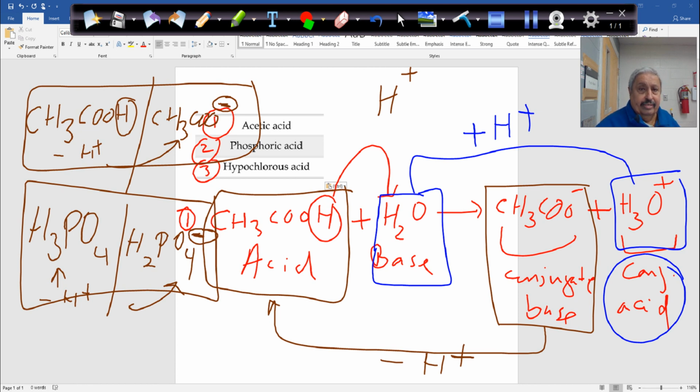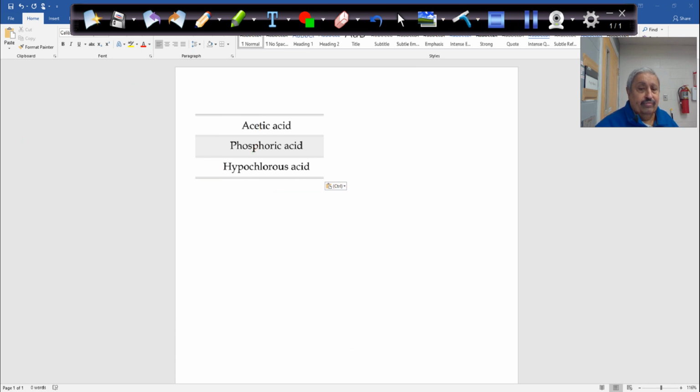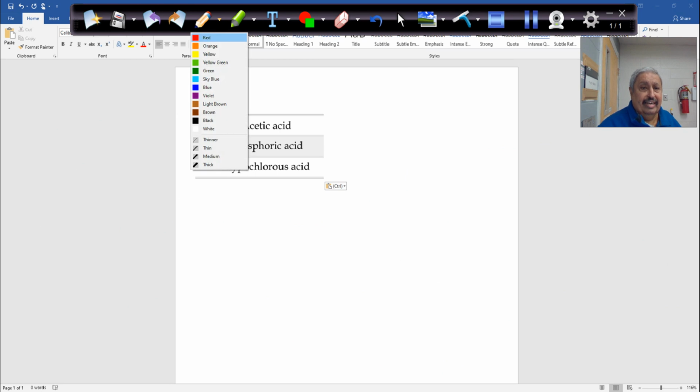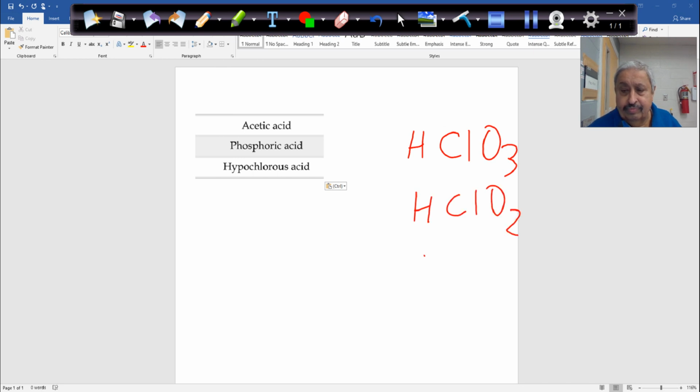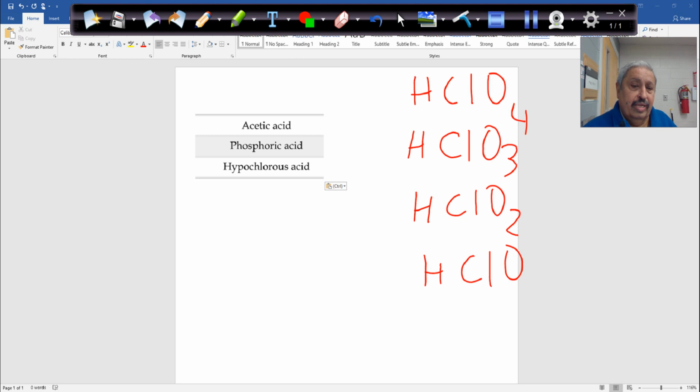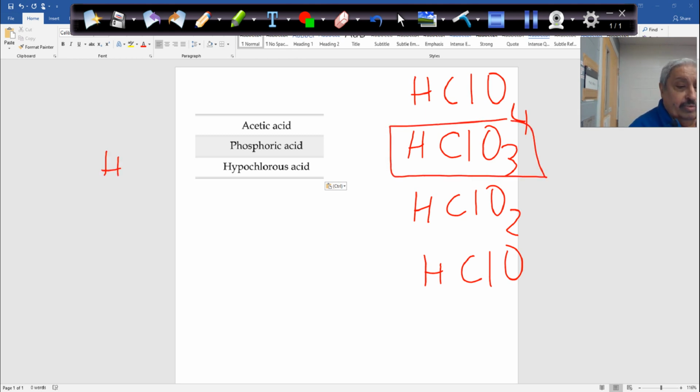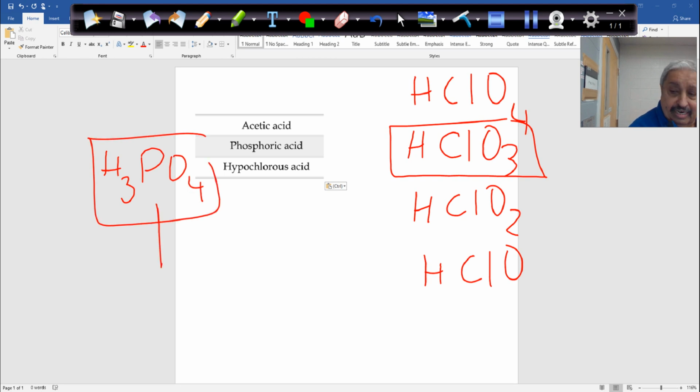So here it is. Now let's look at phosphorus acid, and I can remind you with this. This is my standard one, and my standard one is this one here. Then I can go here.